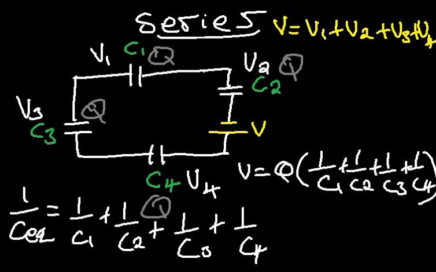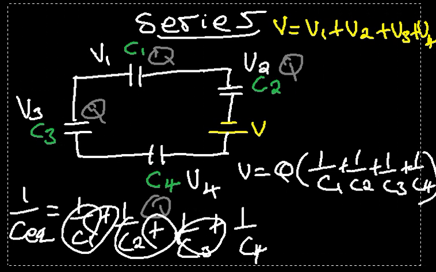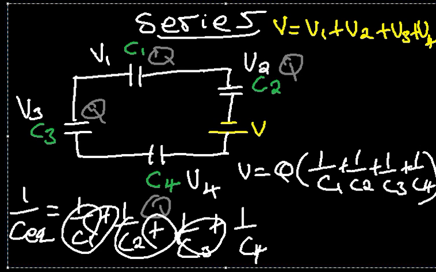In this case, we'll make equivalent capacitance the subject of the formula. That's how you have to understand how we find the equivalent capacitance for capacitors connected in a series circuit.